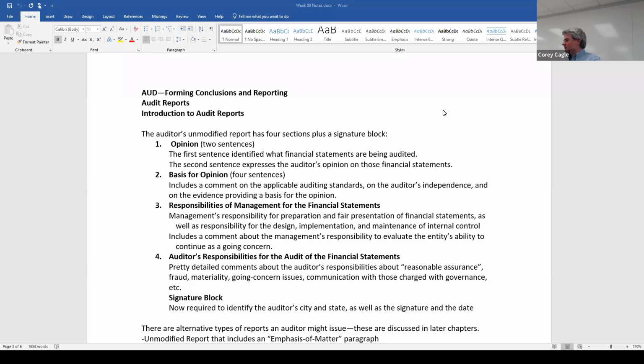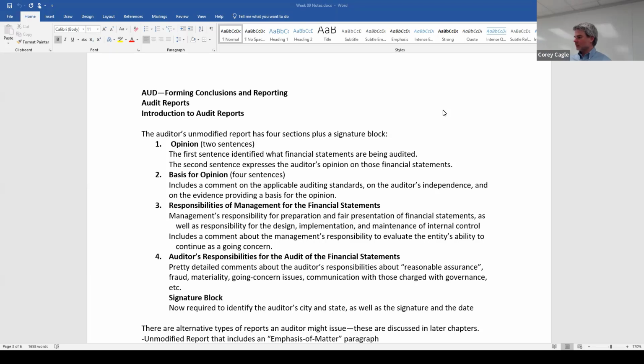And then they wrap it up saying we are required to communicate with those charged with governance regarding, among other matters, the planned scope and timing of the audit, significant audit findings, and certain internal control related matters that we identified during the audit. So you can see why that report is so important to get a good feel for. So much good information there that can give you a nice little overview understanding of the audit process and what all's going on, right? So that's the unmodified audit report.